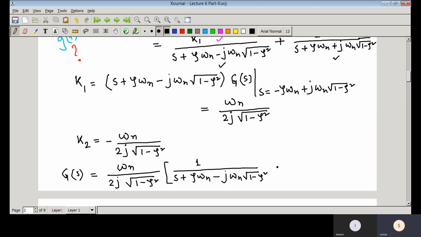This is the first term, minus 1 by s plus zeta omega n plus j omega n square root of 1 minus zeta square.